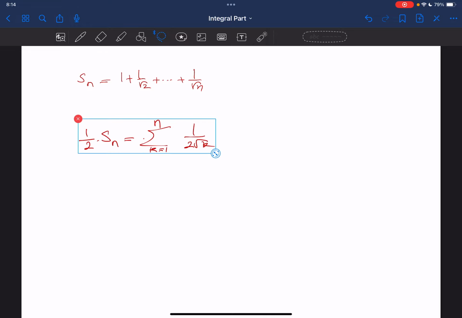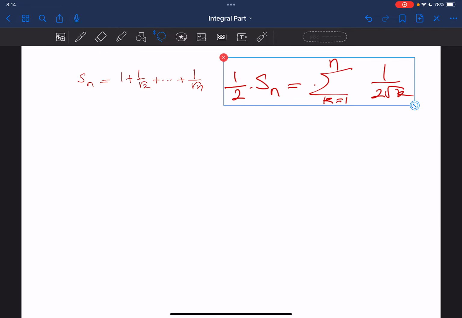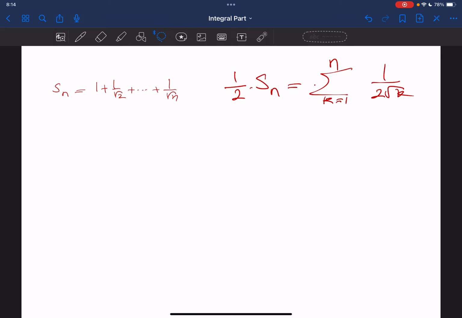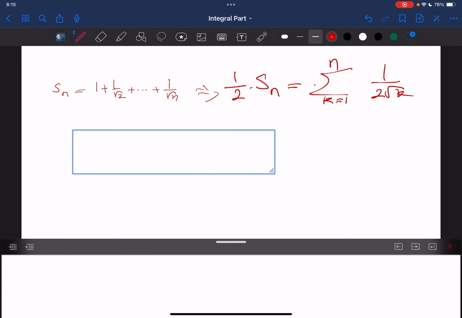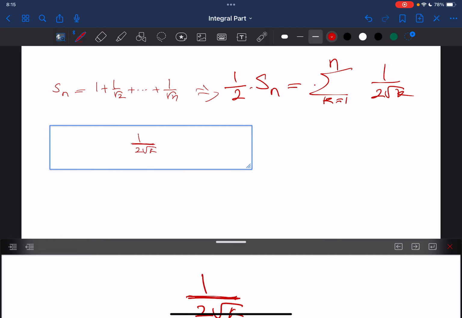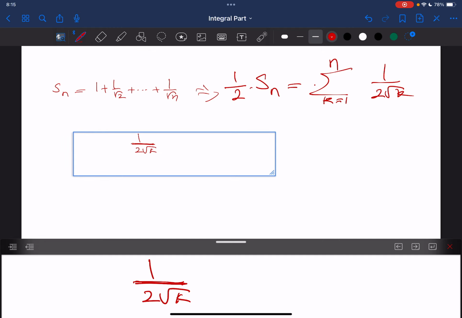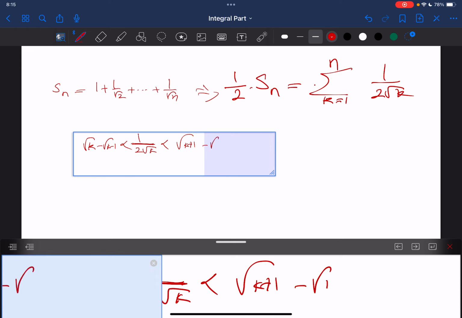And this is actually 1 divided by 2 times Sn. Now I'm going to look at this expression here that I have, 1 over 2 times root k. And if you look at it, this is larger than root k plus 1 minus root k, hmm, and less than root k minus root k minus 1.